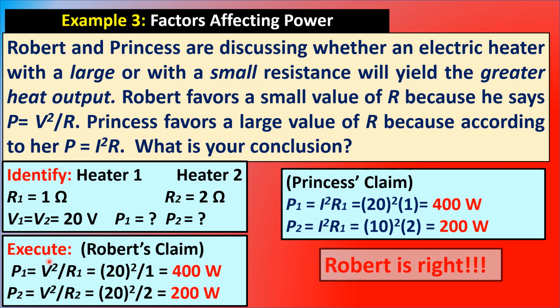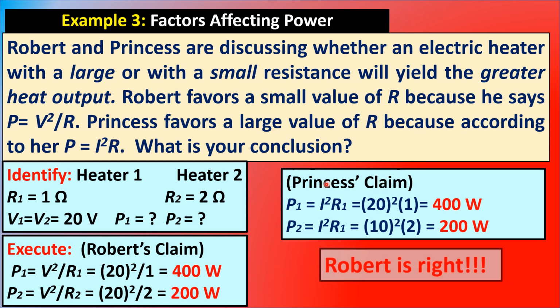and therefore it is correct to say that the smaller the value of R, the greater is the power output. Whereas in Princess's equation, the current I is not constant. In fact, if you notice in her substitution of the given, it can be computed that for a given voltage of 20 volts and a given resistance of 1 ohm, the current is in fact 20 amperes.